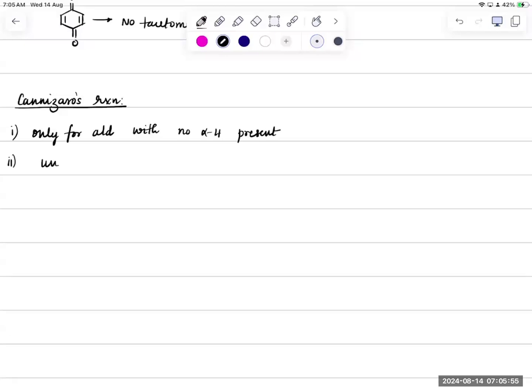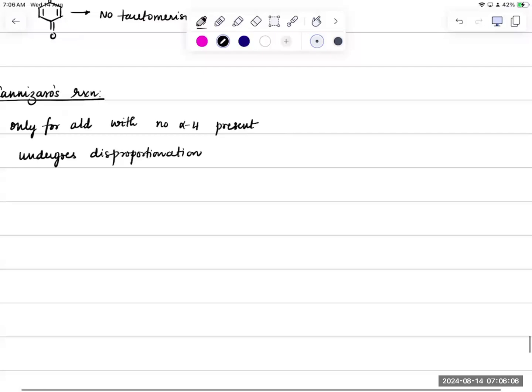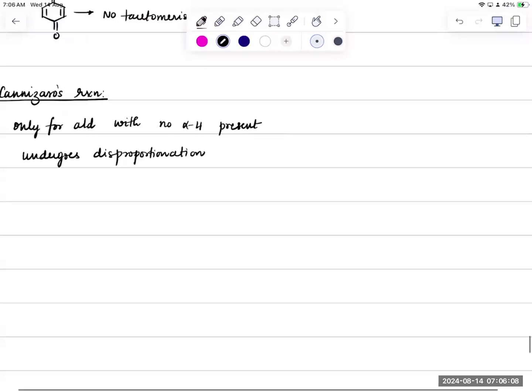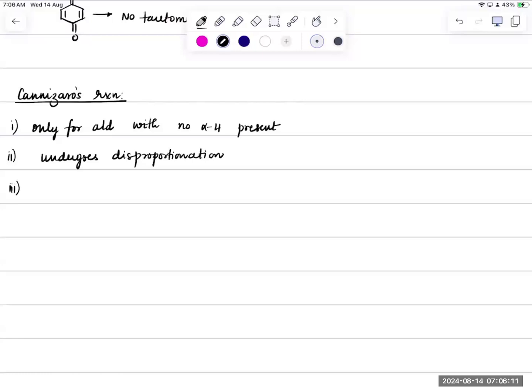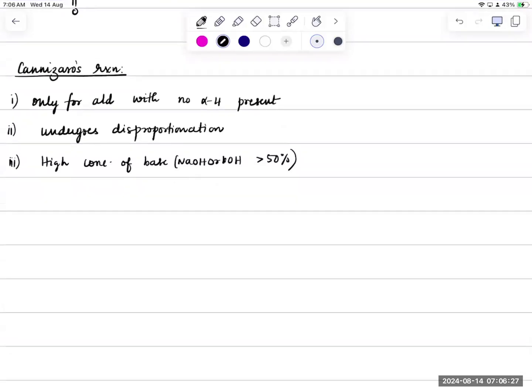Second, it undergoes a disproportionation reaction. Third, high concentration is required: a high concentration of base, NaOH or KOH, greater than 50% concentration.